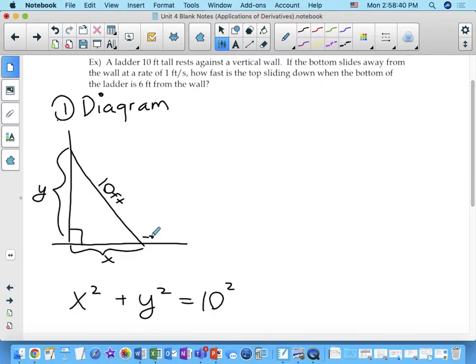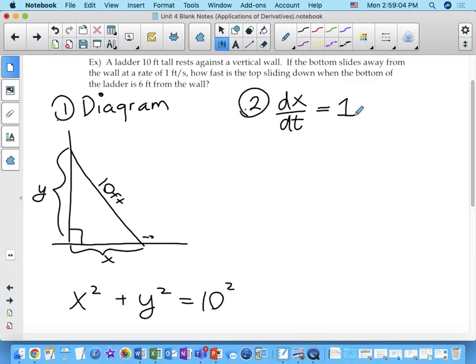Okay? So what we want to know is, in step 2, we know that the change in the horizontal, that's the change in x with respect to time, is 1.